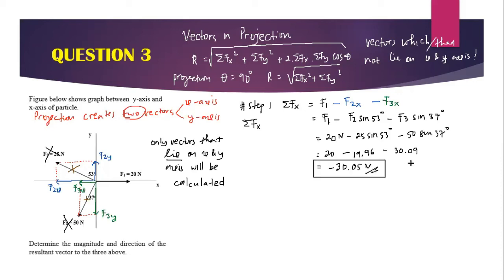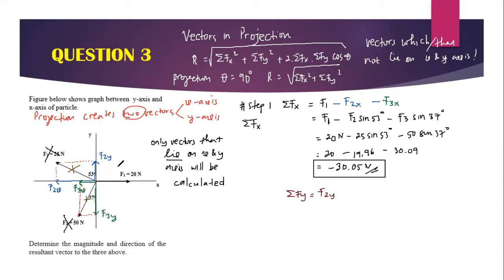Okay, we go to sigma Fy. Sigma Fy. Now we go to here, F2y. Upside is positive.